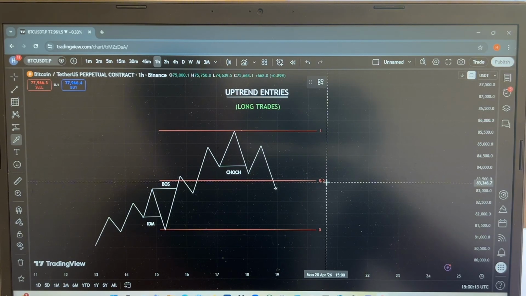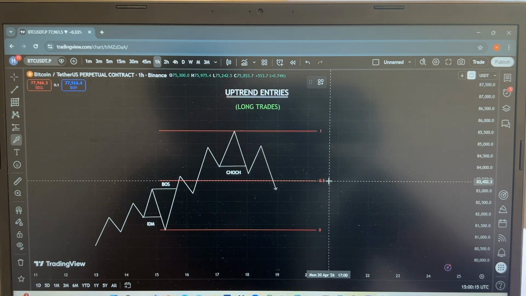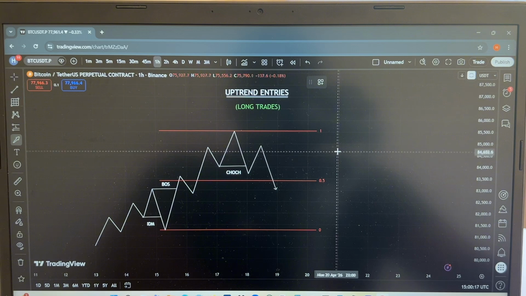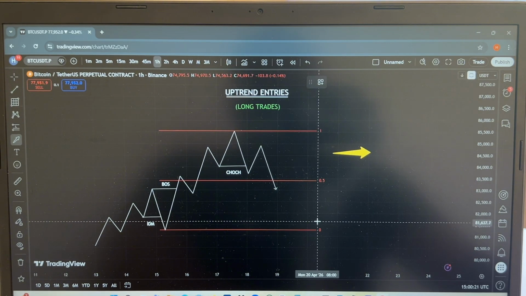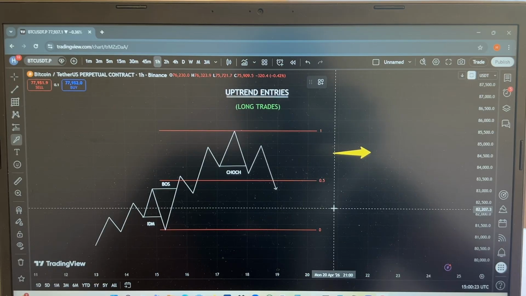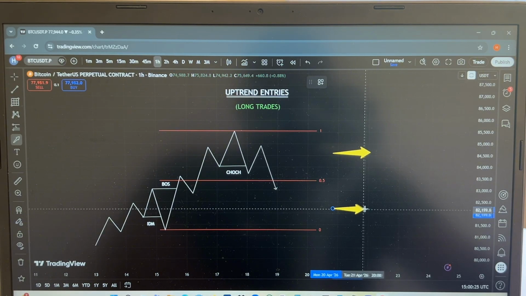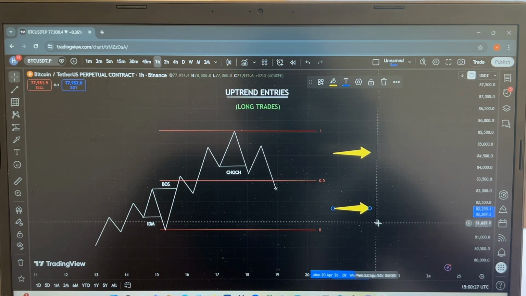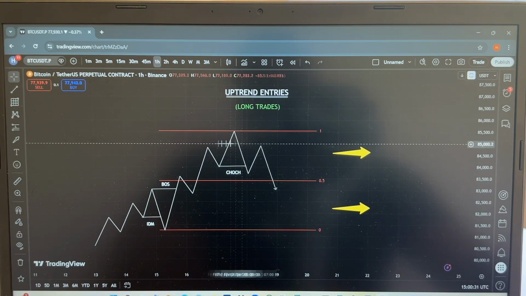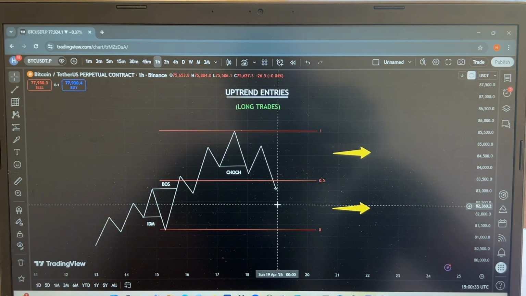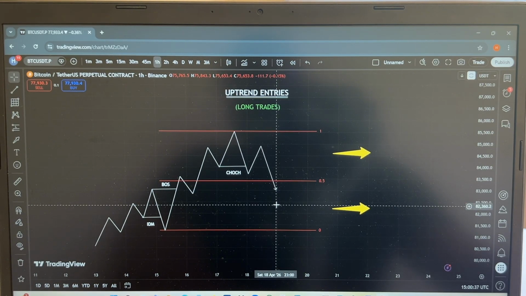The area between 1 and 0.5, and the area between 0 and 0.5, these two are completely different. These two areas are extremely important when you're getting into trades, like when you're trying to identify FVGs or hidden order blocks or extreme order blocks.